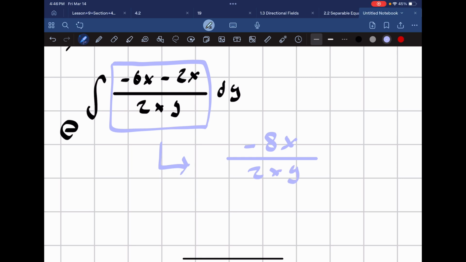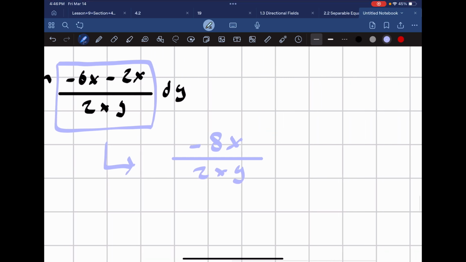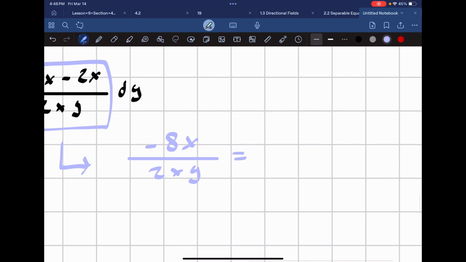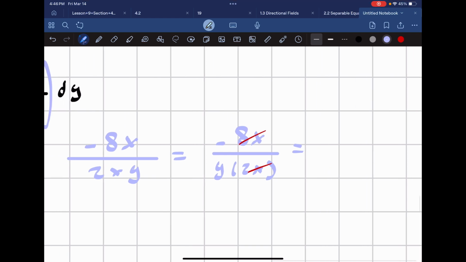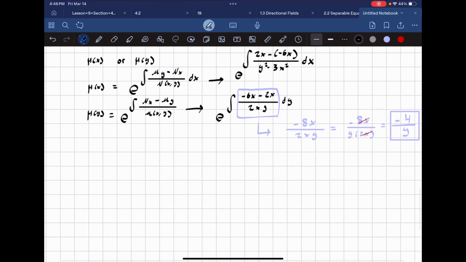You could look at it as x over x, that cancels each other out, and we're just left with negative 4 all over y. That is our inner part, but we still have to figure out the integral part.